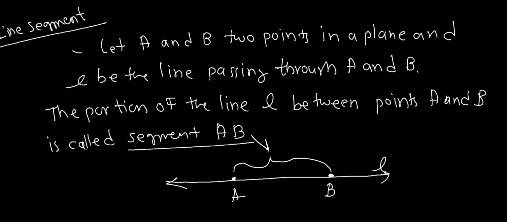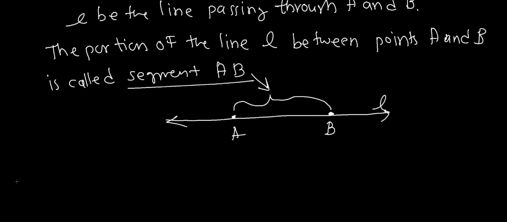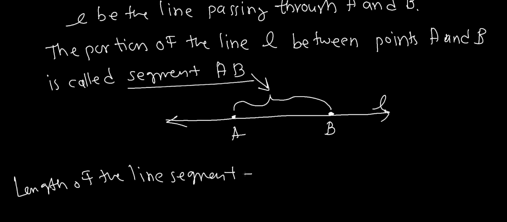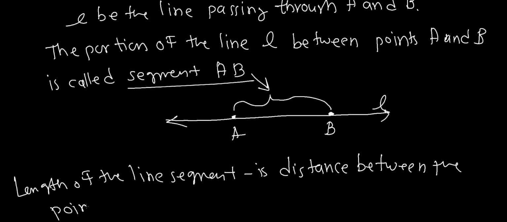So this is segment AB and it is called a line segment. And the length of the line segment is the distance between the points A and B in a plane.